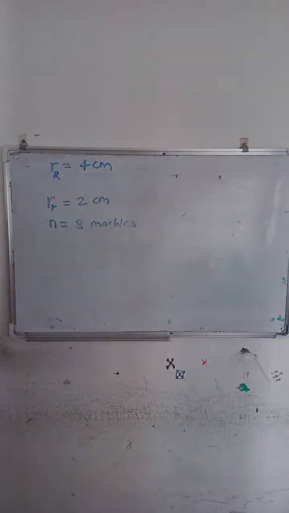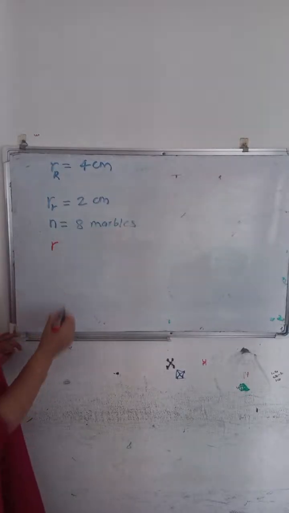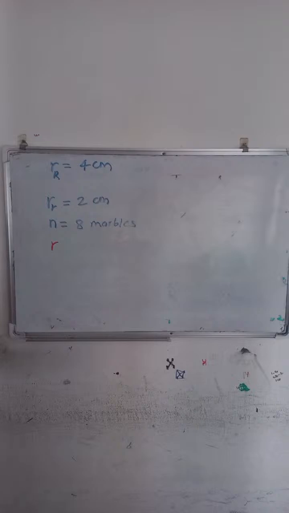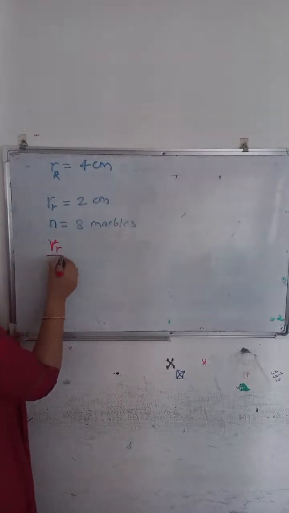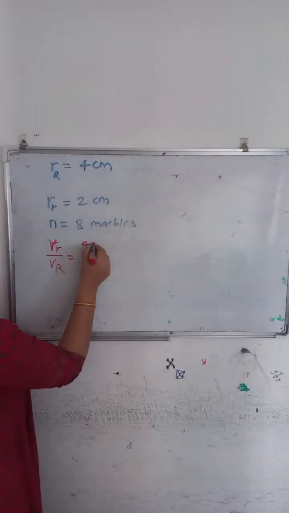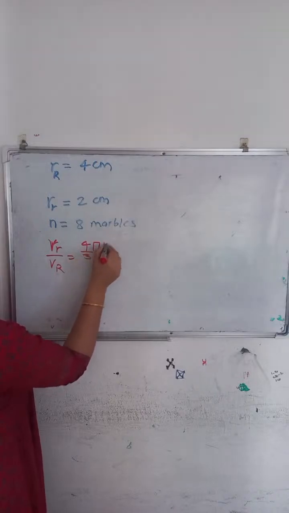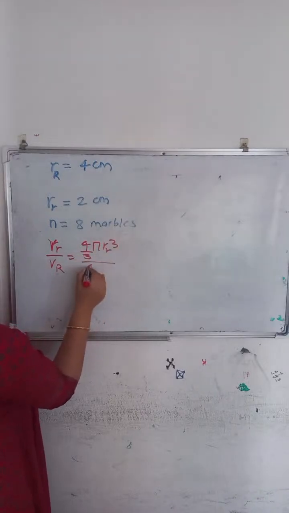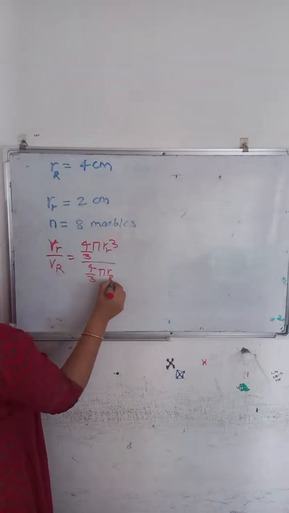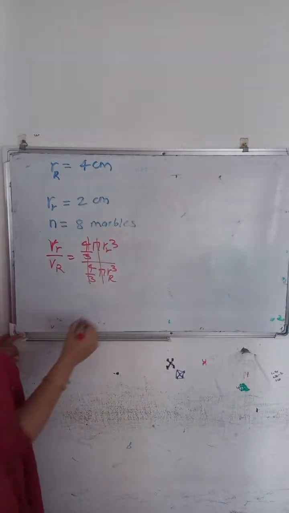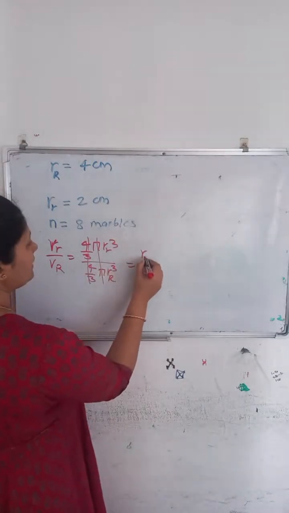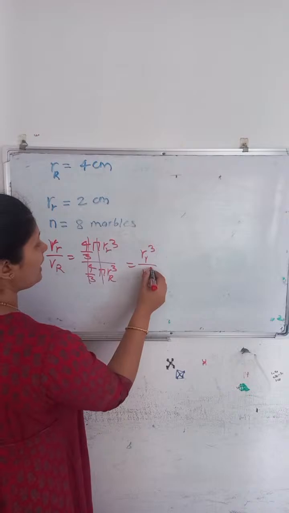So they are asking us to take the ratio of their volumes, the volume of Reshma to the volume of Ravi. The volume formula for a sphere is 4 by 3 pi r cube, for both. So the like terms get cancelled, and we have r cube and r cube.